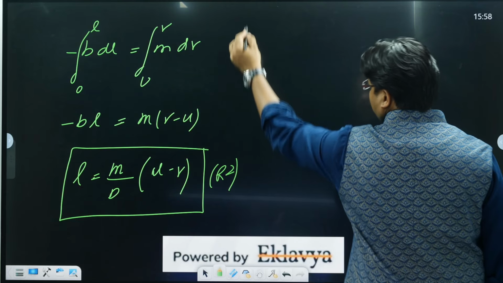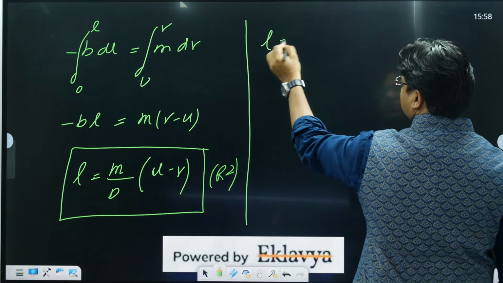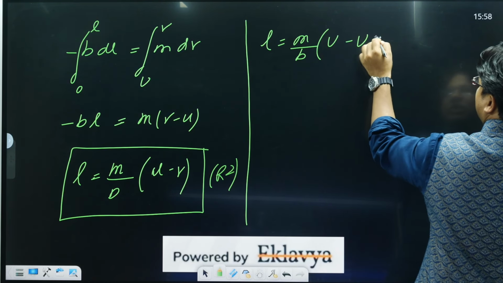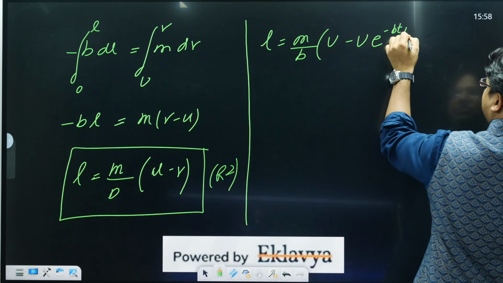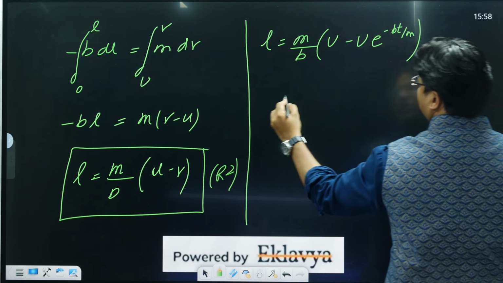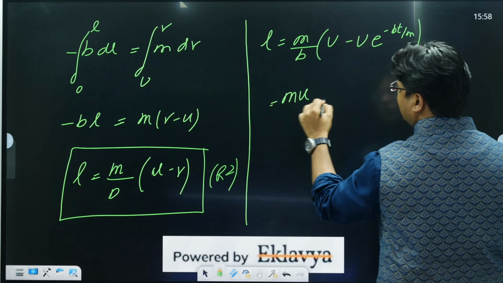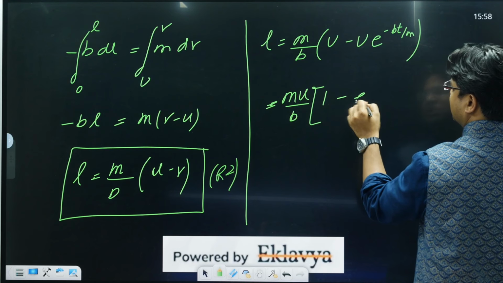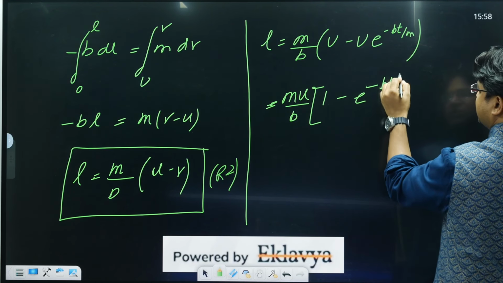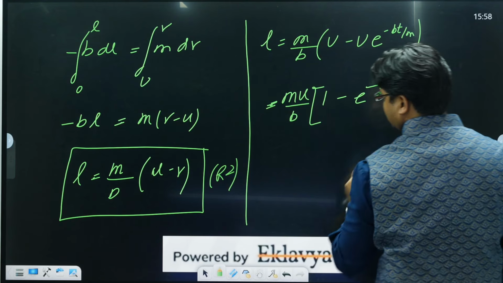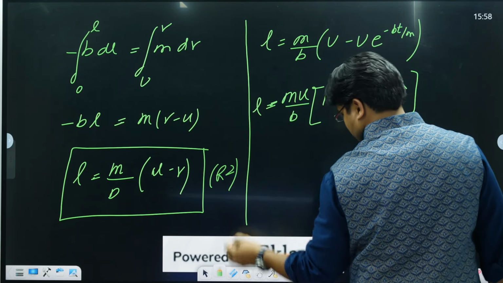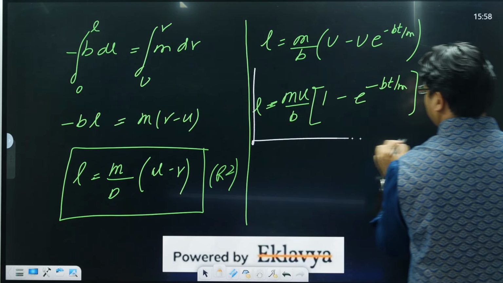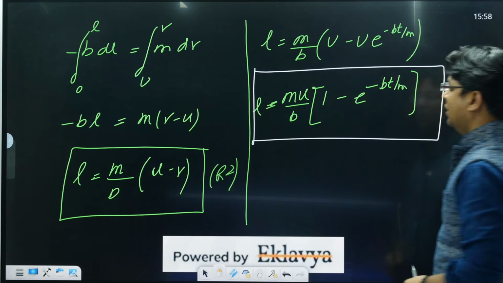The same can be written like this. We can write L is equal to M by B into U minus U e raised to power minus BT by M, or in other words, MU by B into 1 minus e raised to power minus BT by M. So this is your next result to remember, distance covered in terms of time.